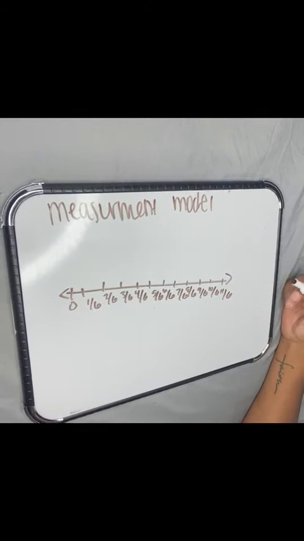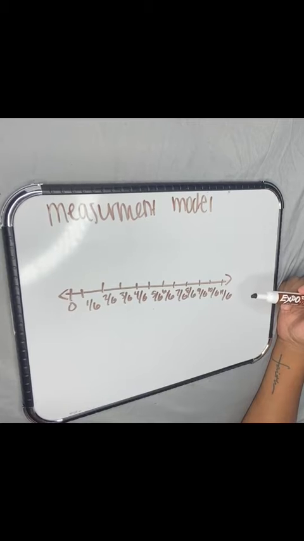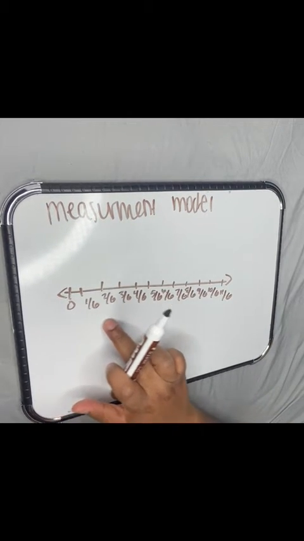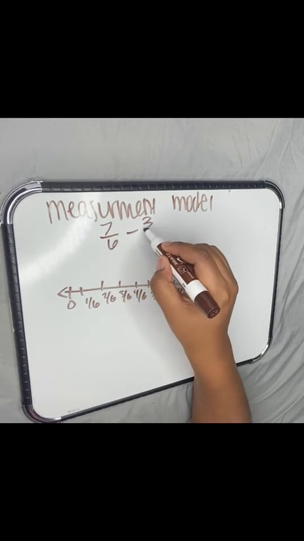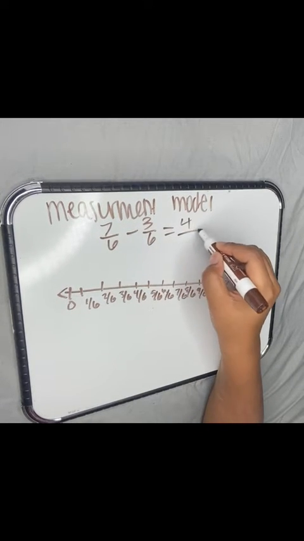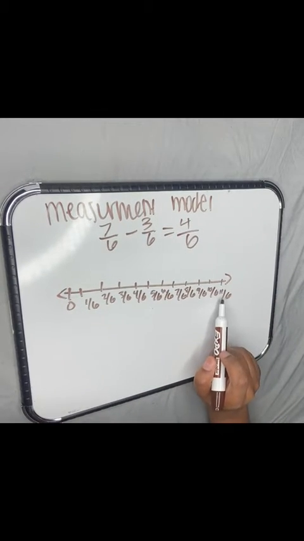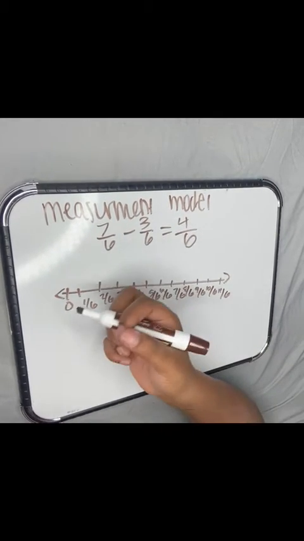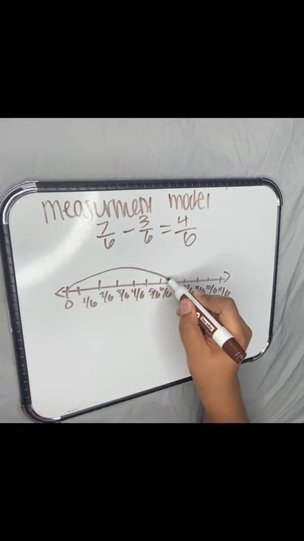Okay, so another model will be our measurement model, which is with the number line. So we already have these in 6, since that was our denominator. We had 7/6 minus 3/6, which equals 4/6, as we found out. So we have these 1/6 through 11/6. We're starting at 0, and we're going up to 7/6, because that is what we begin with.